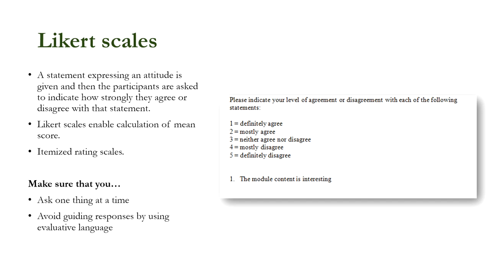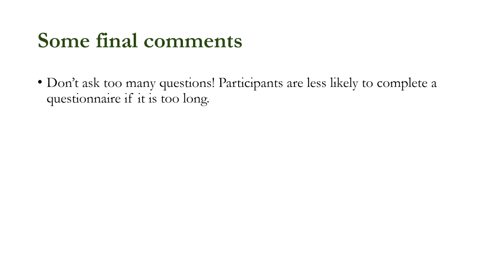The middle number is usually the neutral one, so neither agree nor disagree, mostly, definitely, and so on. Again, with Likert scales, make sure that you ask one thing at a time, and again, avoid guiding responses by using evaluative language.